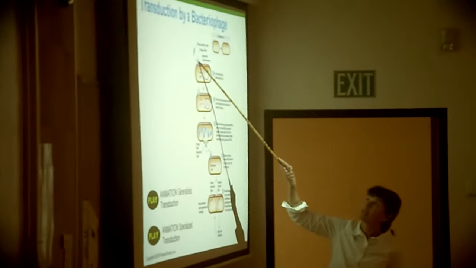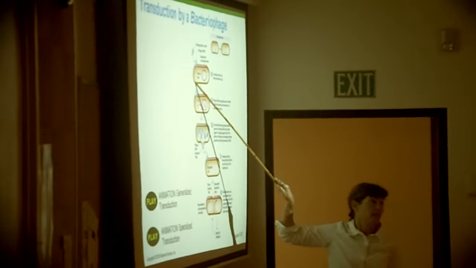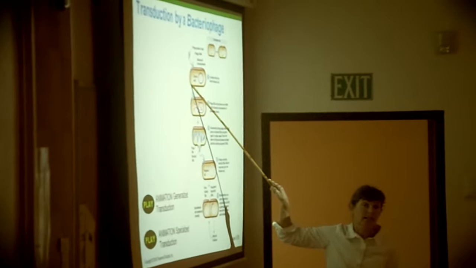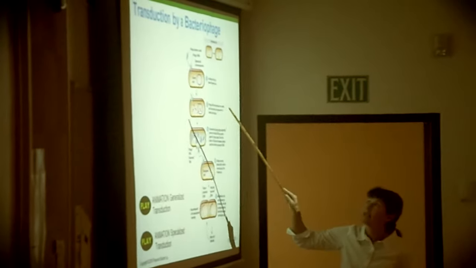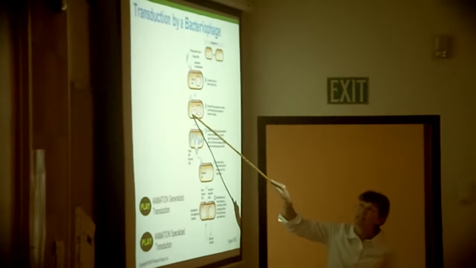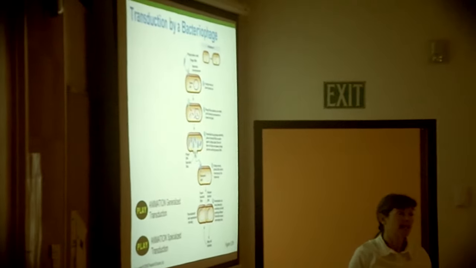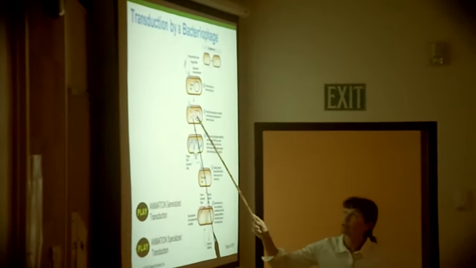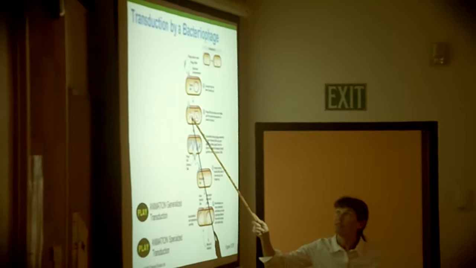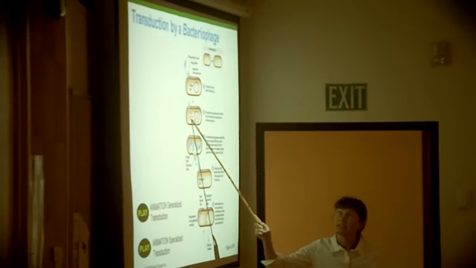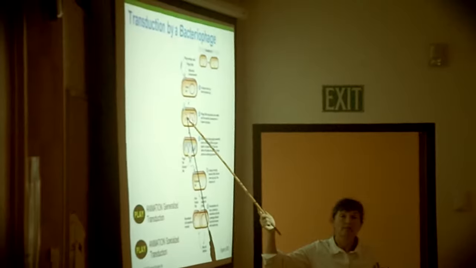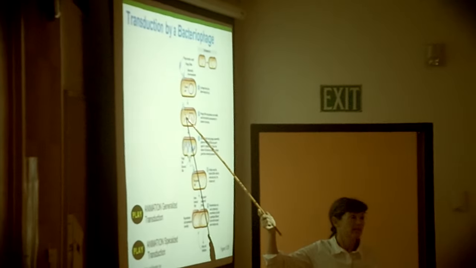The second step is the virus injects the bacterium with its viral DNA. It's just the craziest process. And then once the viral DNA gets inside the bacterium, that bacterium is a goner. It's going to die. As Dr. Meyer describes it, once the viral DNA gets inside the bacterium, that bacterium becomes a viral producing factory.